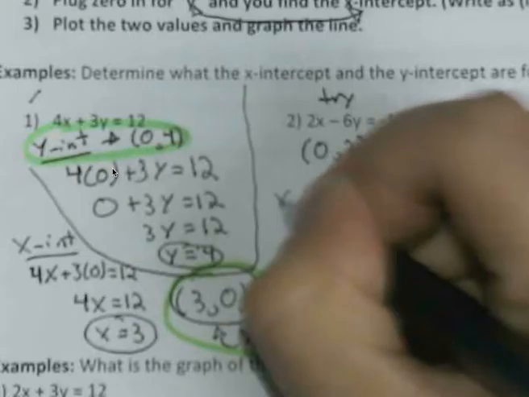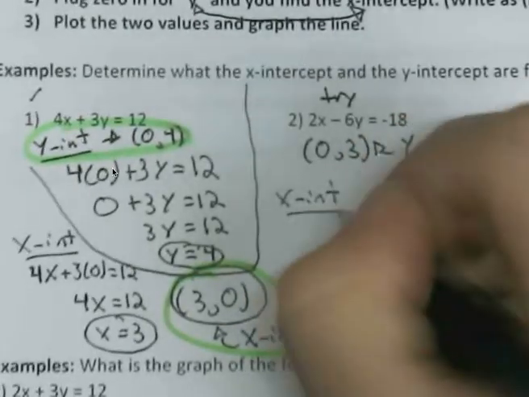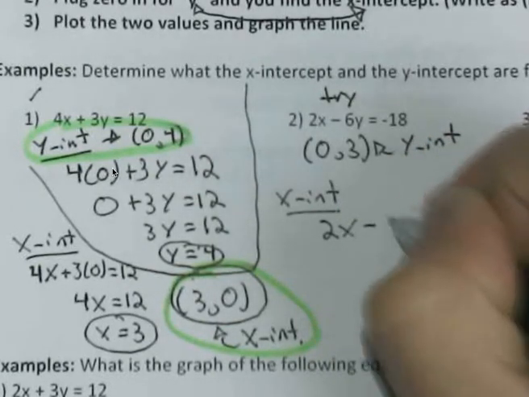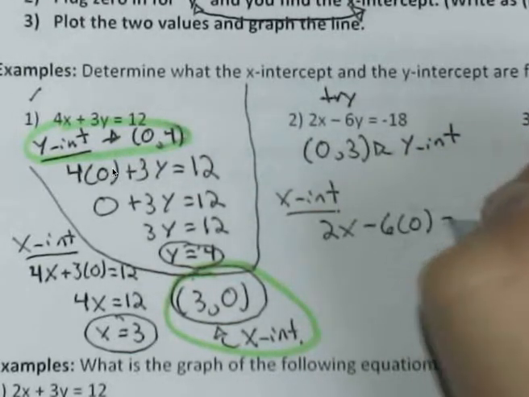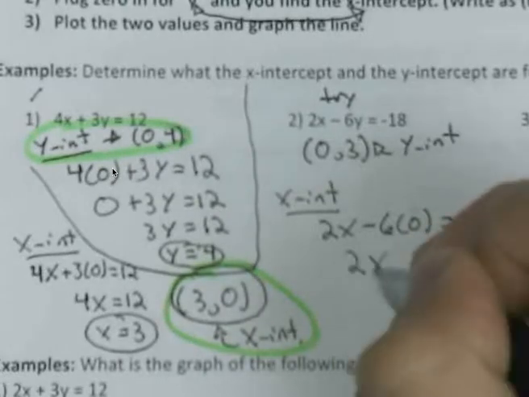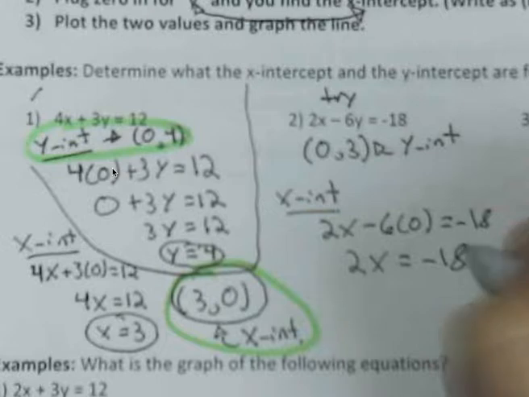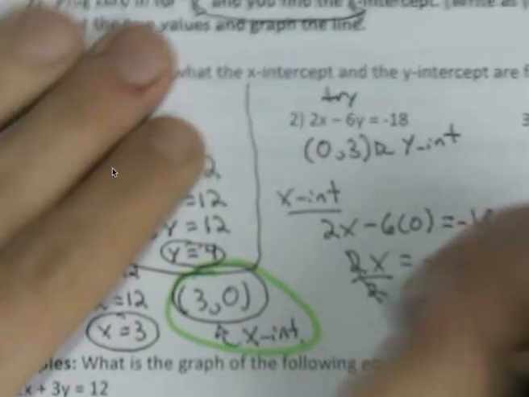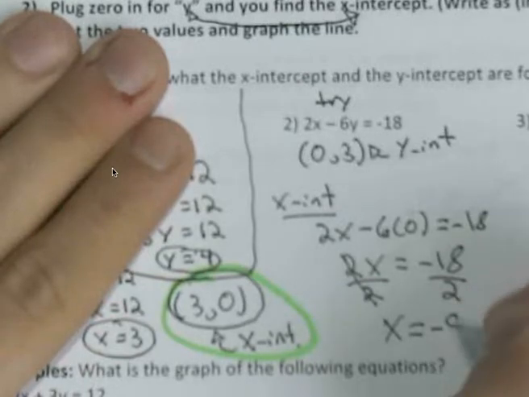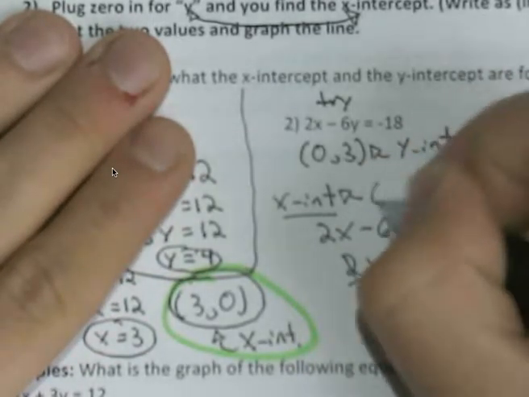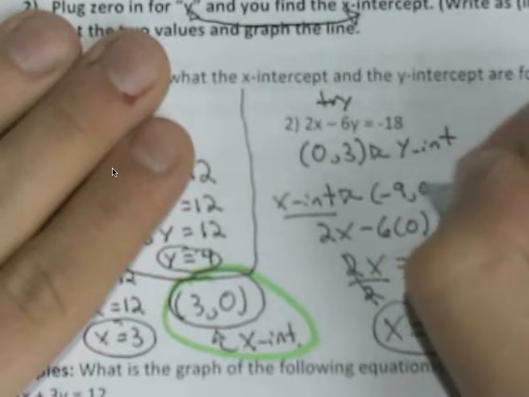And the x-intercept will occur if you have 2x minus 6 times 0 equal to negative 18. So pretty much 2x equals negative 18. Dividing by 2 on both sides, we'll say that x equals negative 9. So in reality, our x-intercept is going to be negative 9 comma 0.